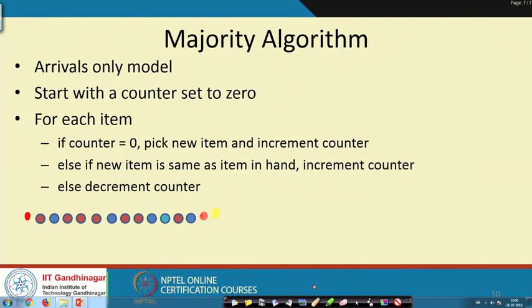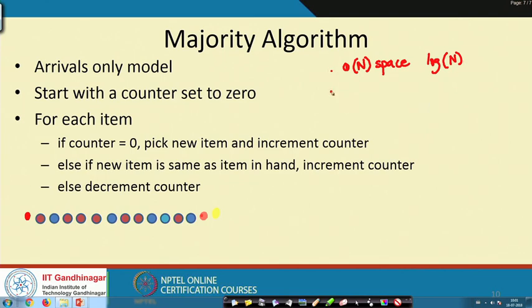Here is what I want to guarantee. I want to give you an algorithm that is going to use only small o of n space. In fact, it is going to use only logarithmic in n space.